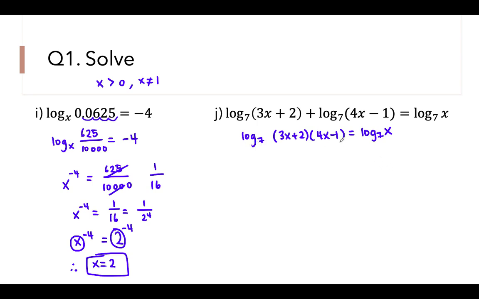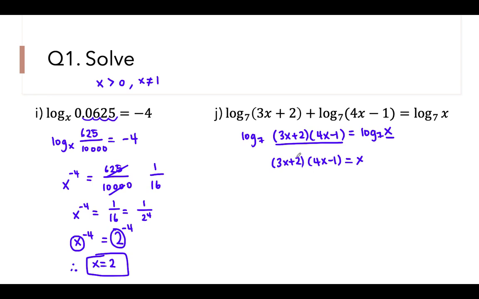If that's the case, then you can equate these two logarithms. So it's going to be 3x plus 2 times 4x minus 1 is equal to x. This is rule number 4, I believe, looking at the ones that I wrote down for the strategies. So we just equated it because we have the same base.